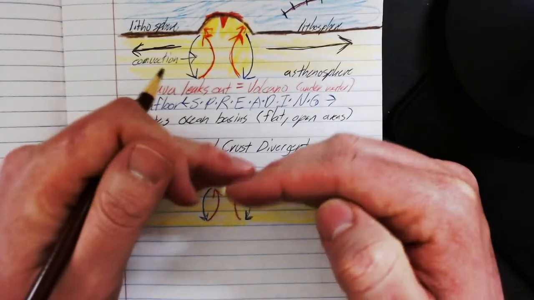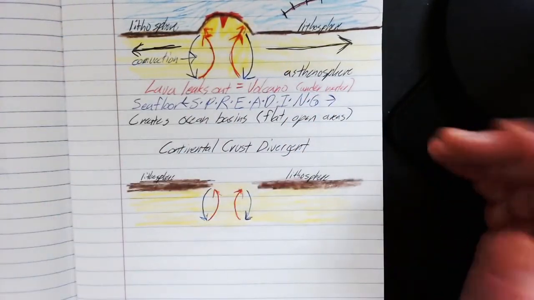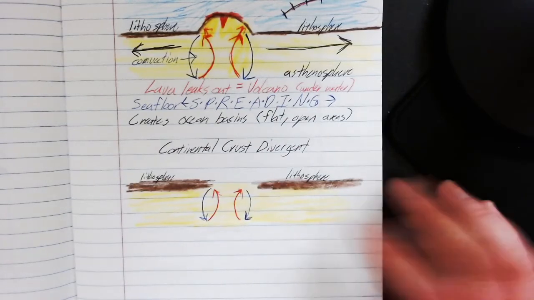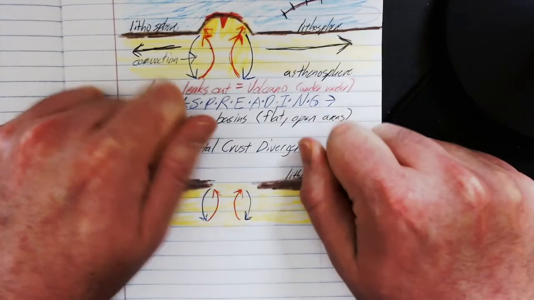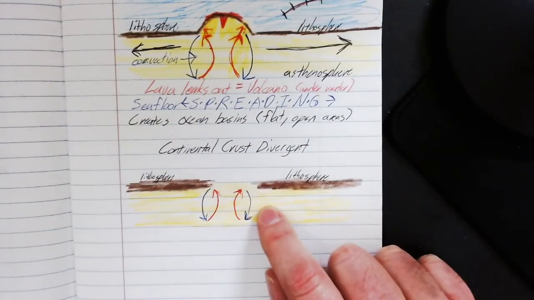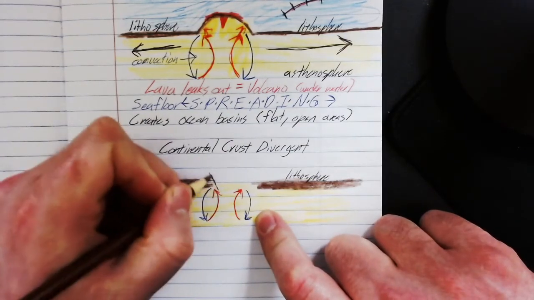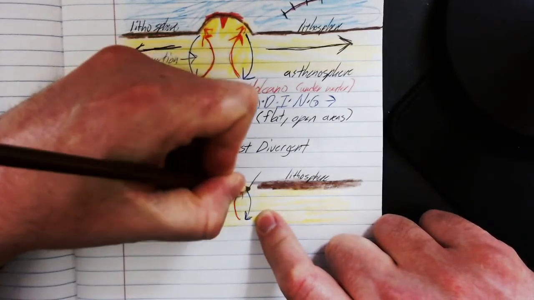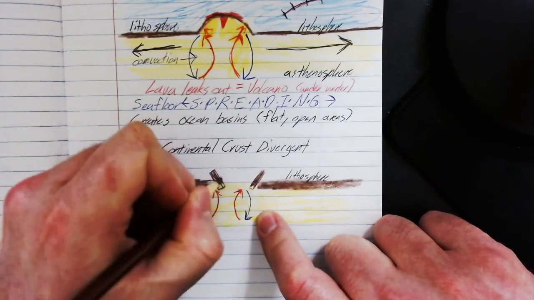So if you start to bend something that's not flexible, think about a lasagna noodle or any noodle, what's the noodle going to do? It's going to break. Well, this crust isn't flexible, so it ends up breaking. And when it breaks, it's not real pretty. It's kind of jagged. So the pieces will fall in, and it will start to make this valley.